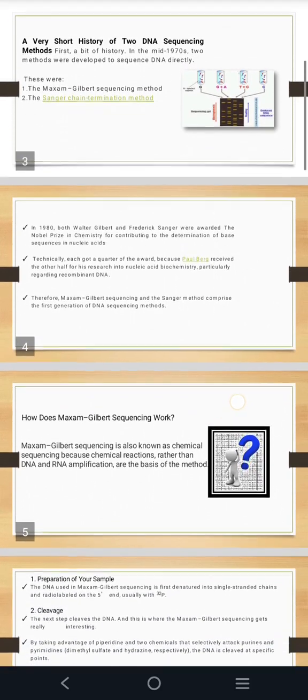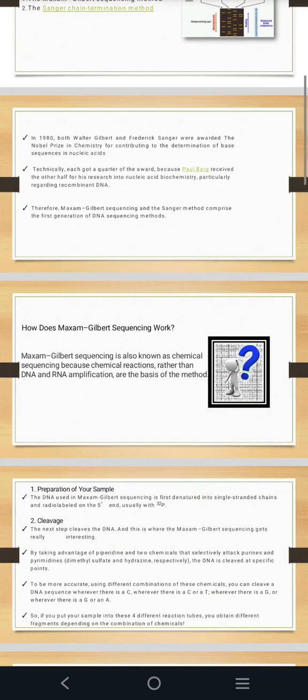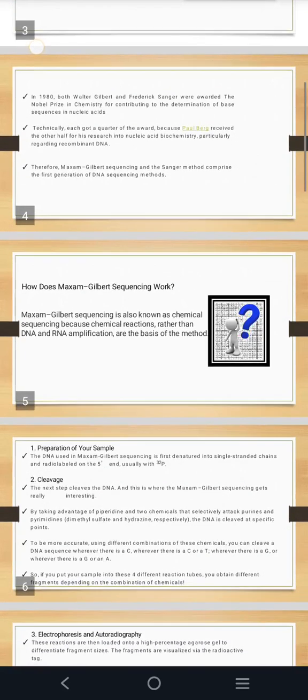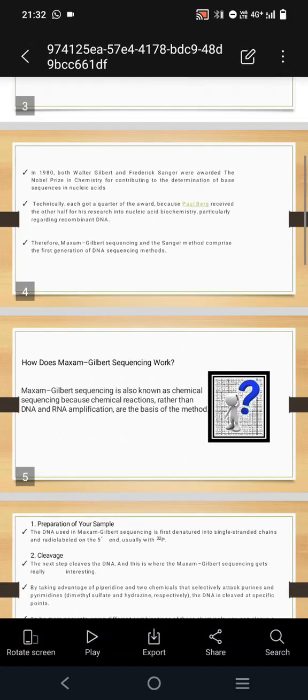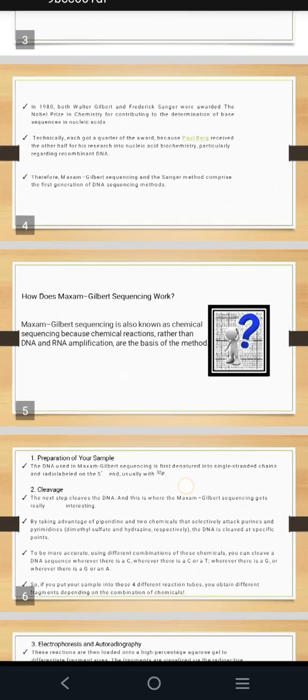Now we can see the history of DNA sequencing methods. It started in the 1970s, when two DNA sequencing methods were developed directly. One is the Maxam-Gilbert sequencing method, and the other is the Sanger chain termination method. In the 1980s, both Walter Gilbert and Frederick Sanger were awarded the Nobel Prize in Chemistry for their contribution towards the determination of base sequences in nucleic acids.